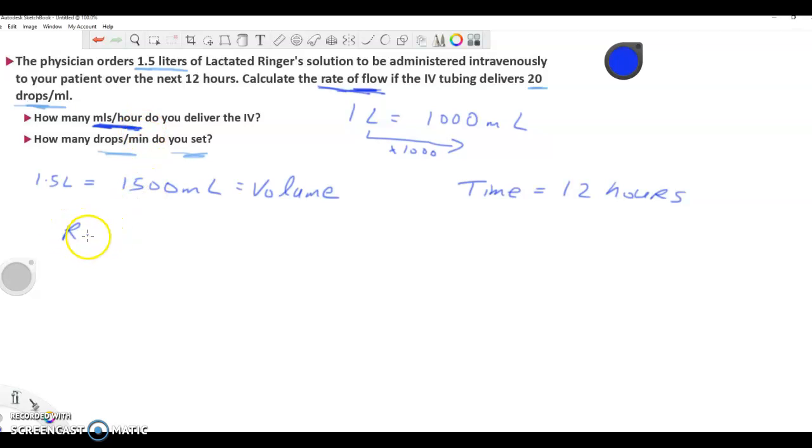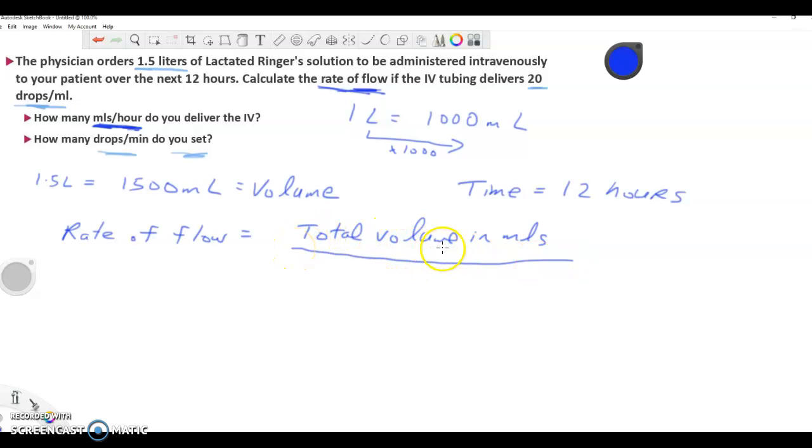So the rate of flow equals the total volume in mils, and usually in every case in these questions, total volume in mils divided by the total time in hours. You see, they're even asking in the question there, the mils over hours.